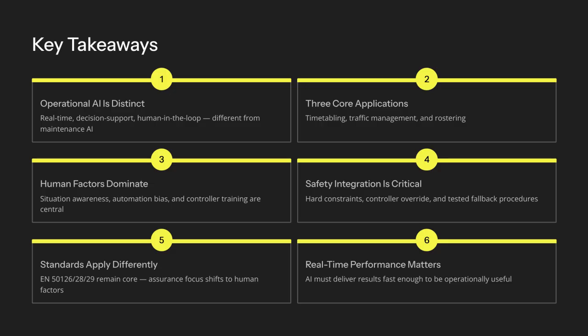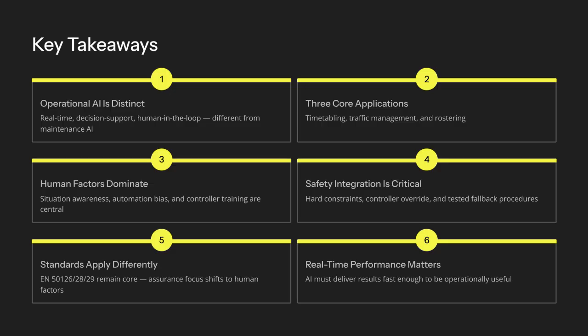EN 50716 and ISO/IEC 42001 add the governance layers: data governance, model versioning, organizational accountability, change control. The framework is the same, the application is different. Know the difference.